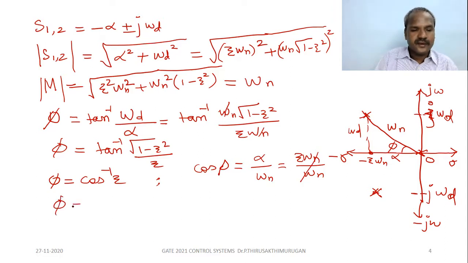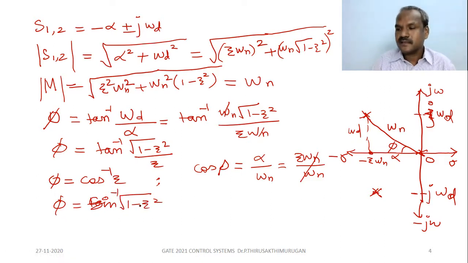Similarly, you can find for sine. Sine inverse of, what is sine? Opposite by hypotenuse, omega d by omega n. We will be getting square root of 1 minus zeta square. Sine inverse of square root of 1 minus zeta square. So these are all the various phase angles. But since it is lying in the second quadrant, sine is positive and cos is negative, right?